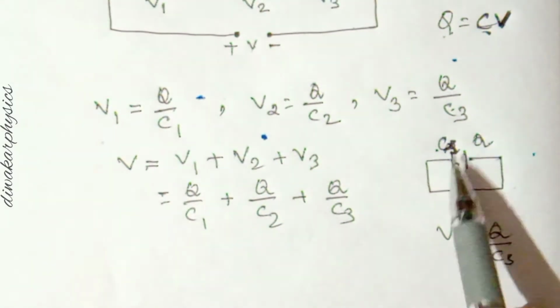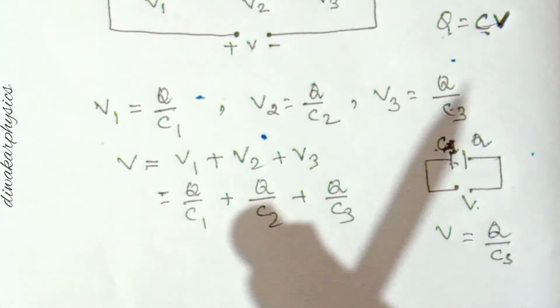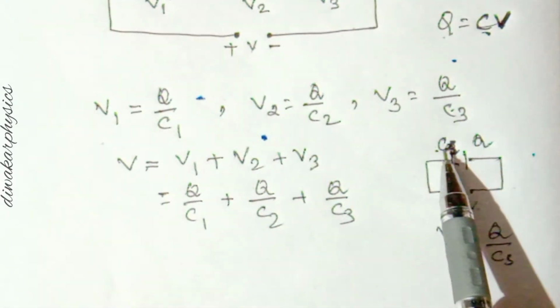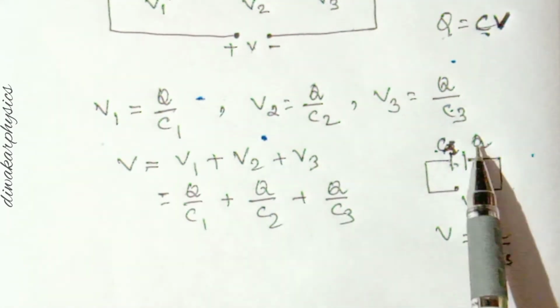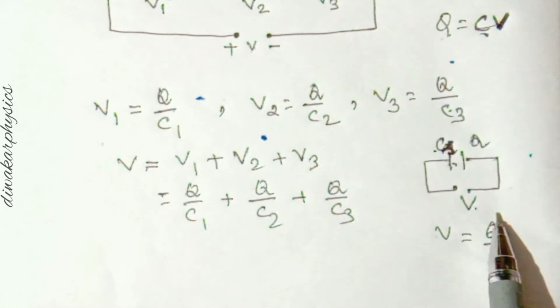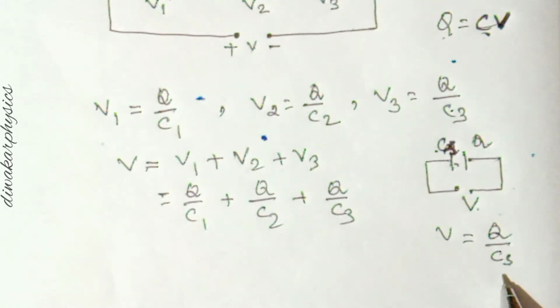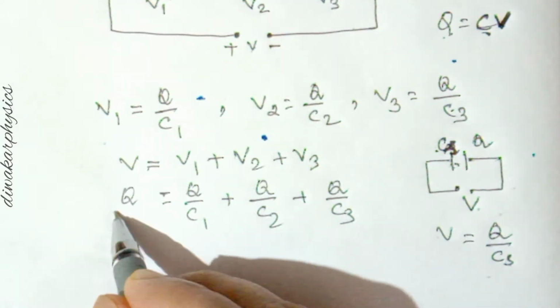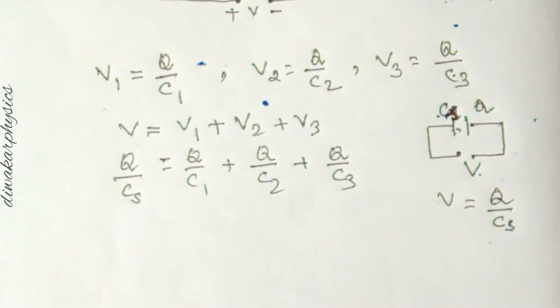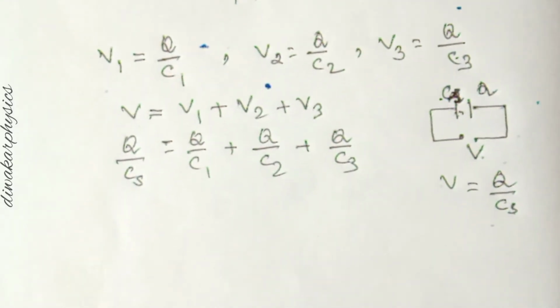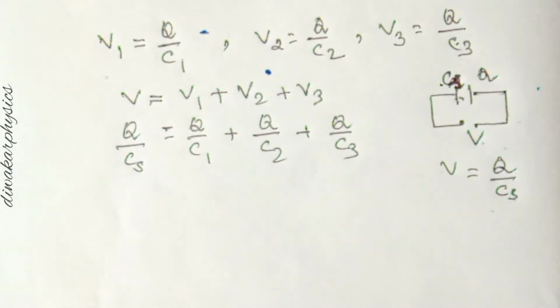So I can replace this V with Q by CS. CS means the series equivalent of the capacitors, which can replace the combination.